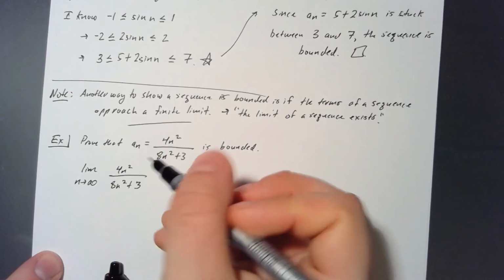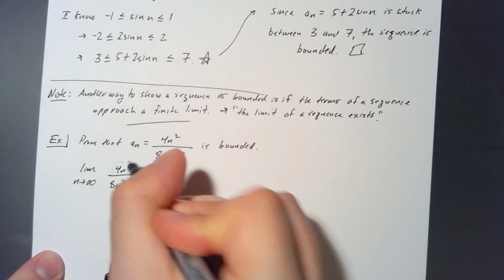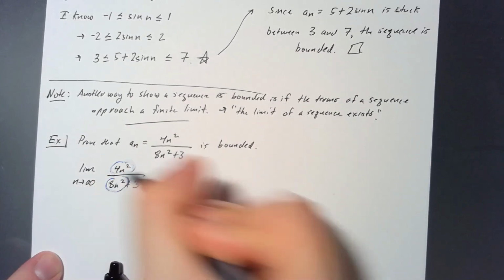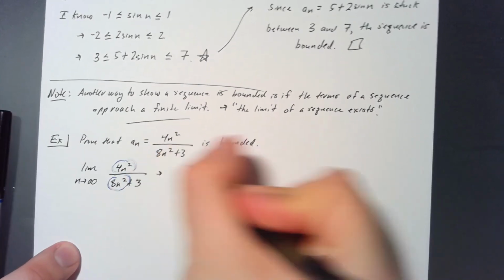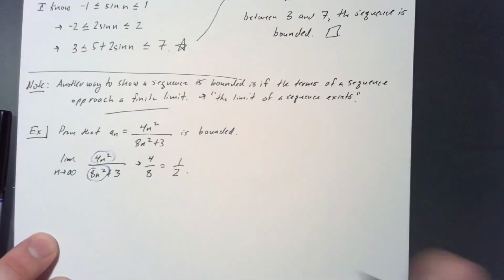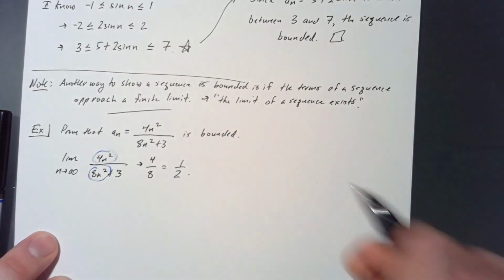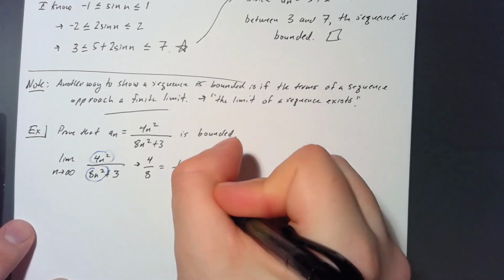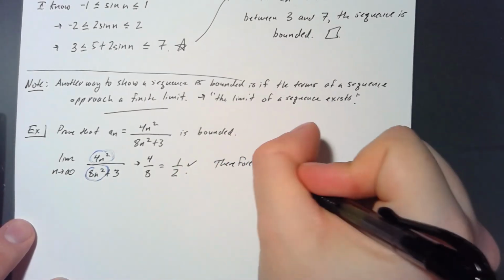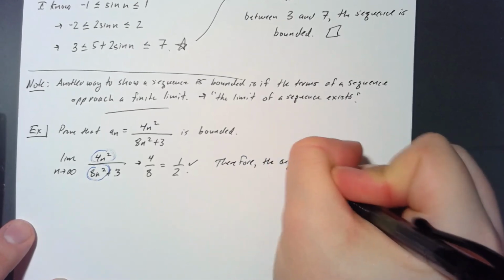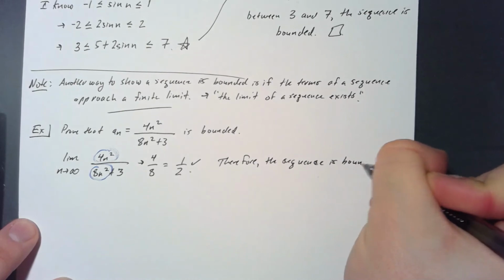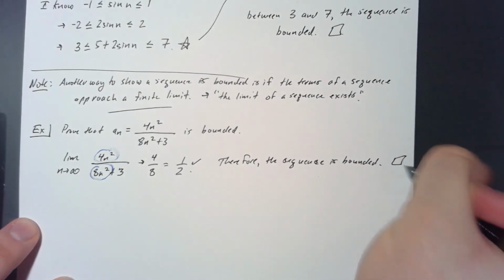This one's easy. This is the dominant term because it's squared, and it's the only term up there. And this is the dominant term because it's squared. Comparing those coefficients, it goes to 4 over 8, which is a half. That's a finite limit. So, therefore, the sequence is bounded. Ta-da!